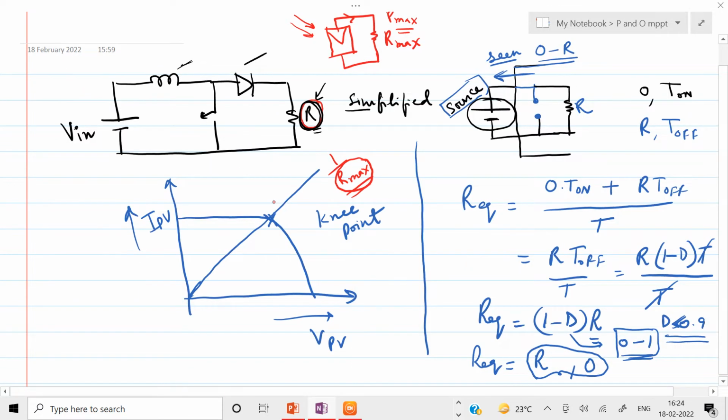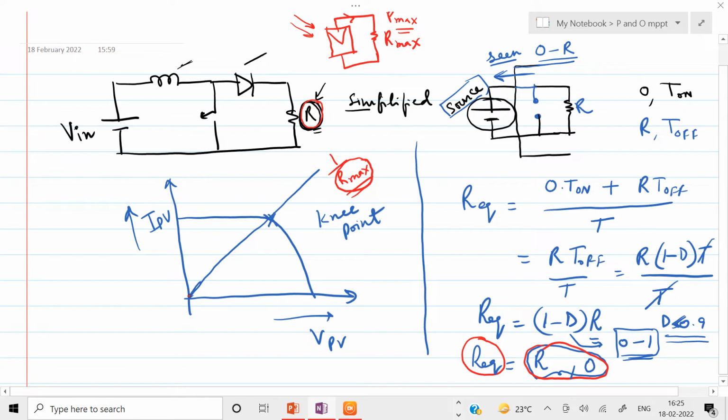so what do we conclude from here? Now we can vary R from 0 to R. R is the load. So that means this R required, this is 1 by R max, and this is the slope. So if we have got R max, we can only reduce R max. That means we can increase the slope.